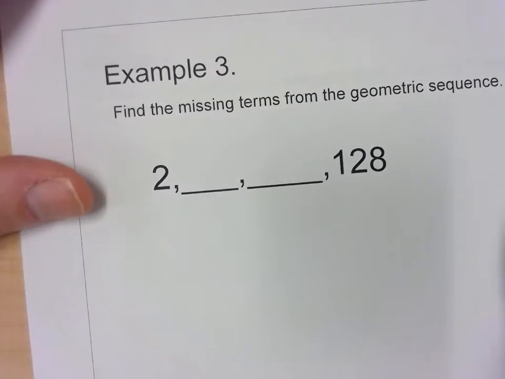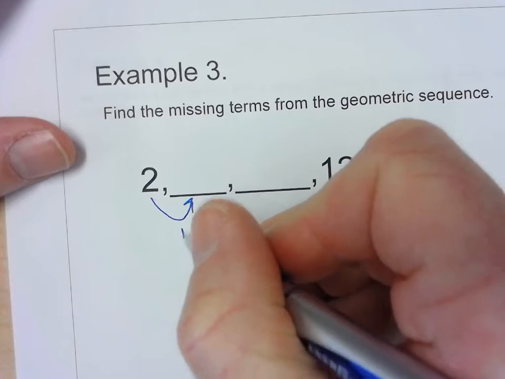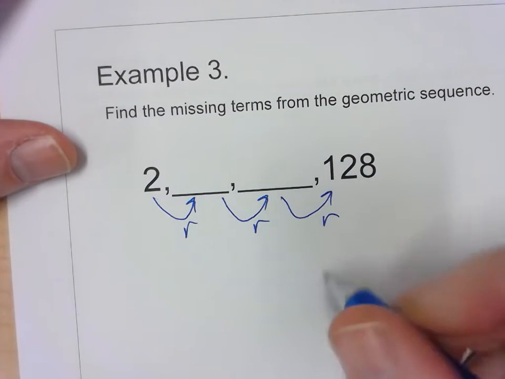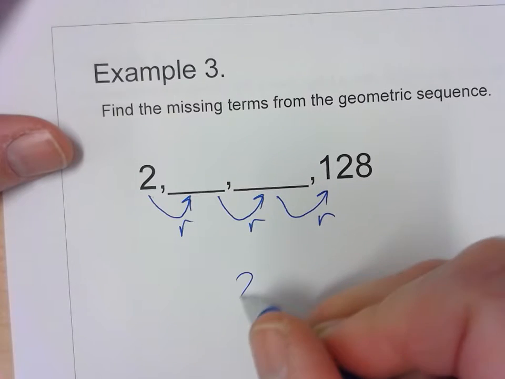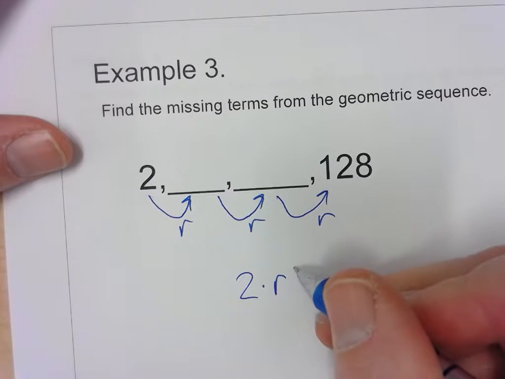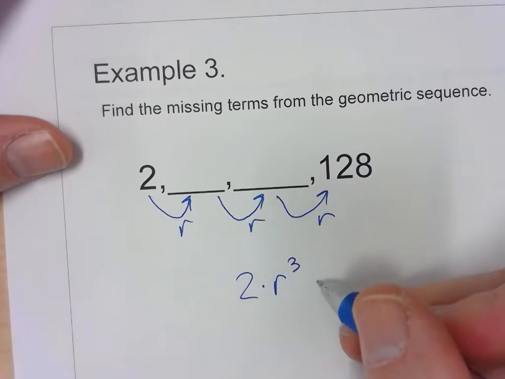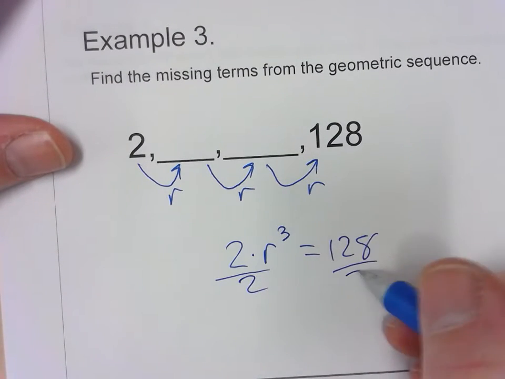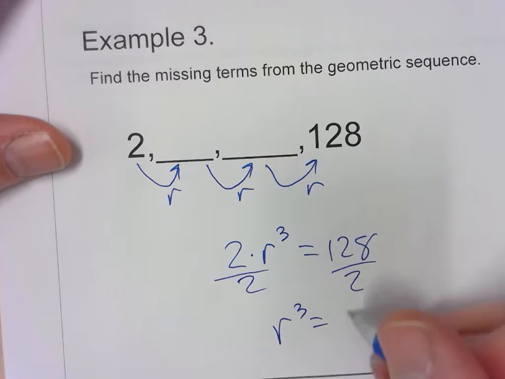Okay, now we're going to find two missing terms here. So from here to here, we're going to multiply by r, kind of like how we did the other one. Multiply by r, multiply by r. So I'm multiplying by 3 r's. So 2 is my starting point. R multiplied together 3 times is r cubed, and that equals 128. So divide by 2. R cubed is equal to 64.